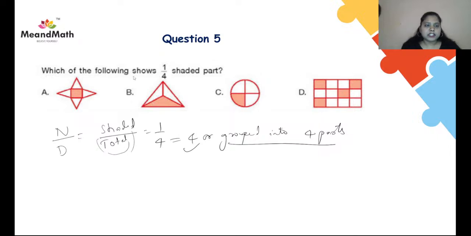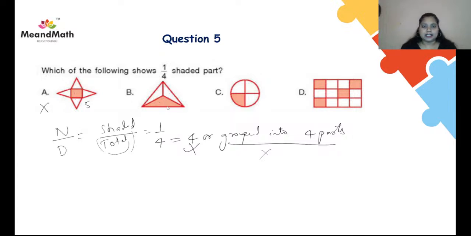First picture: you can see 1, 2, 3, 4, 5. There are 5 parts, which is not grouped into 4 parts, right? So clearly option A is not the answer. Let us check whether B is falling into the category or not. We can see 1, 2, 3.